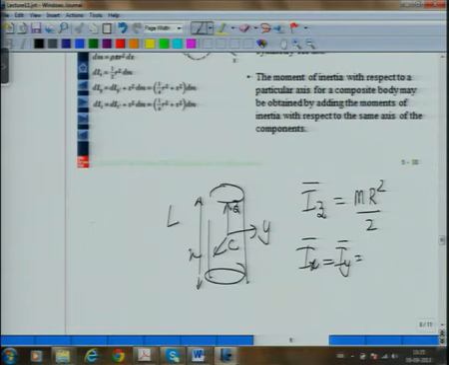So Iz bar is equal to mr square by 2, and Ix bar is equal to Iy bar is equal to m by 12 times 3r square plus L square.